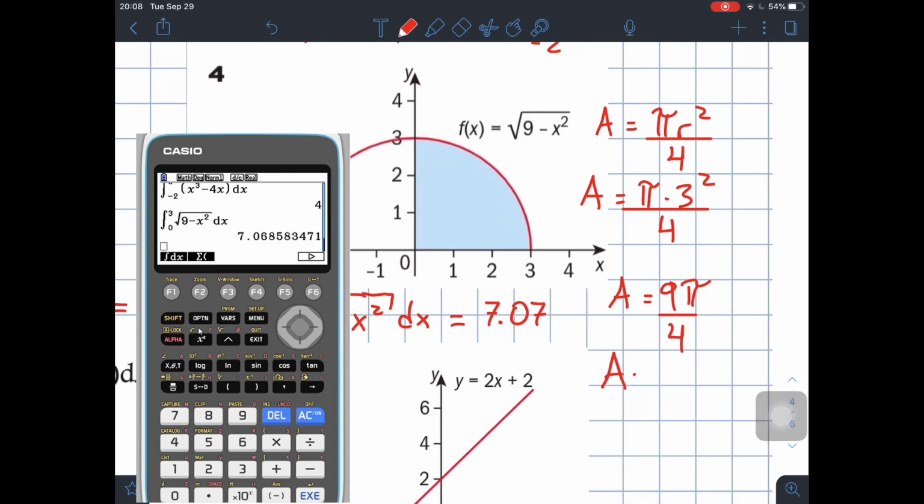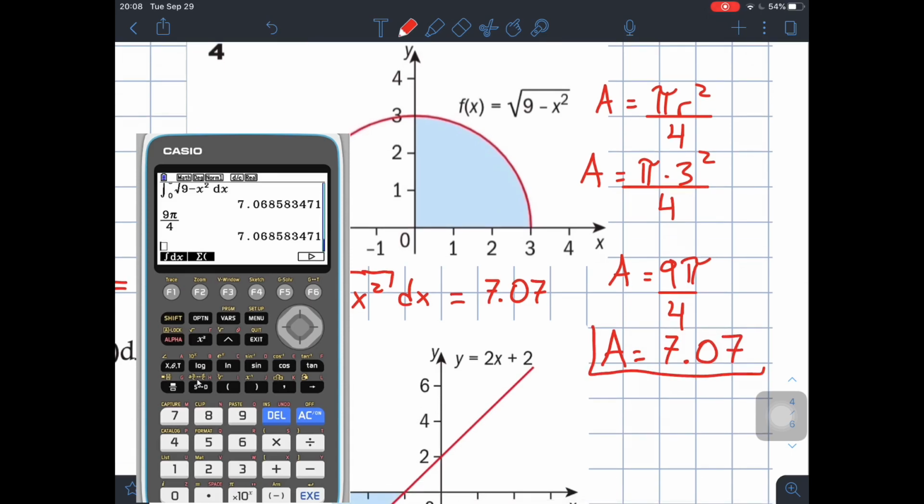And let's see if it matches with this. If I put in the calculator 9 pi over 4, this will give me as a result 7.07, which is exactly the same result. So you see that once again we proved that this works.